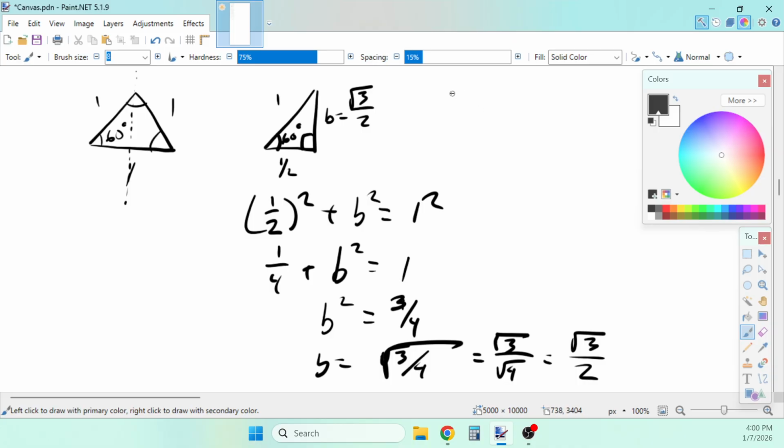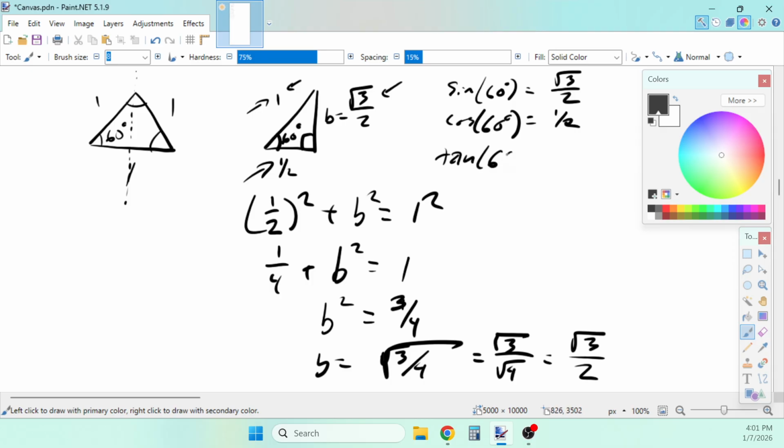That means that we can write sine of 60 degrees equals the opposite over the hypotenuse. Anything divided by 1 is itself. The cosine of 60 degrees is the adjacent divided by the hypotenuse. And the tangent of 60 degrees is the opposite divided by the adjacent.